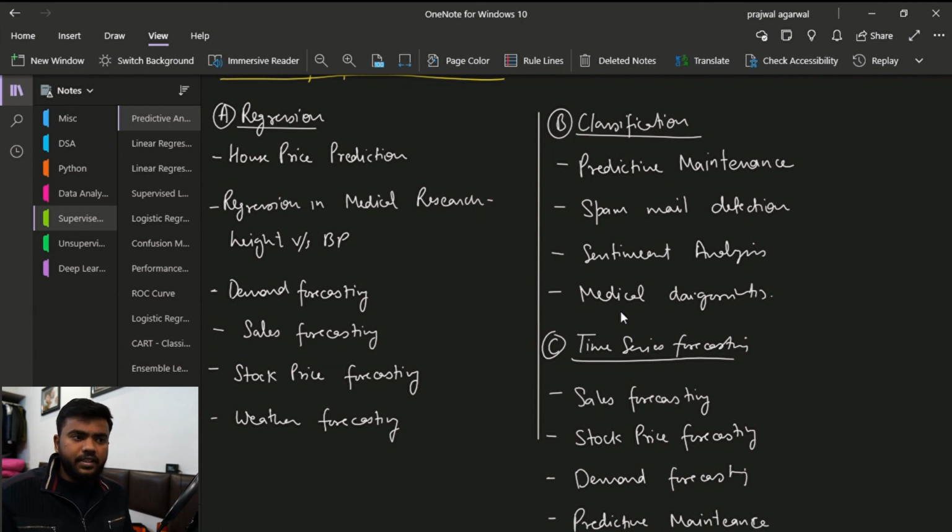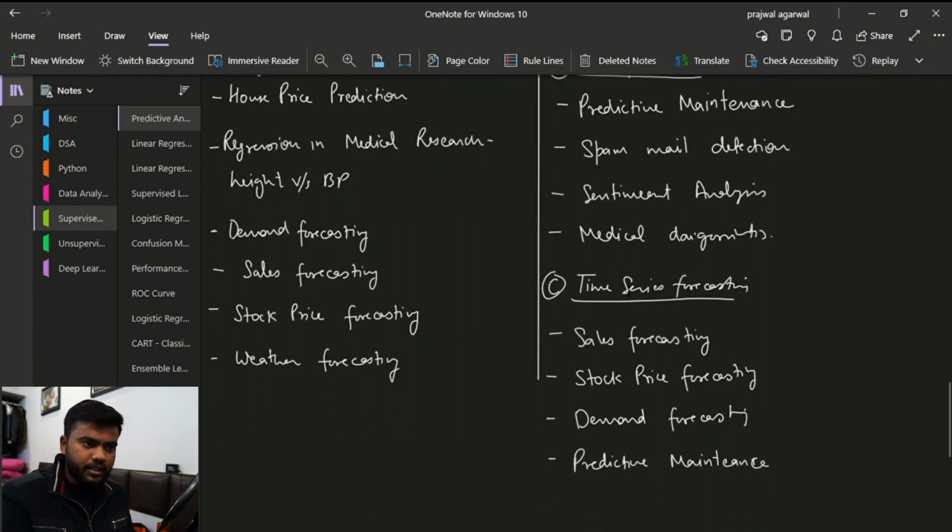In classification you get black and white data basically. For example, if a mail is spam or not, if a sentiment is positive or negative, medical diagnostics, if a person is having cancer or not. So black and white data, categorical data, yes or no data.